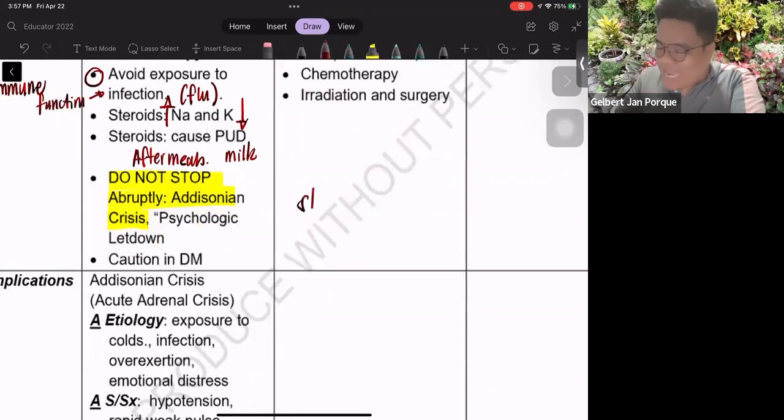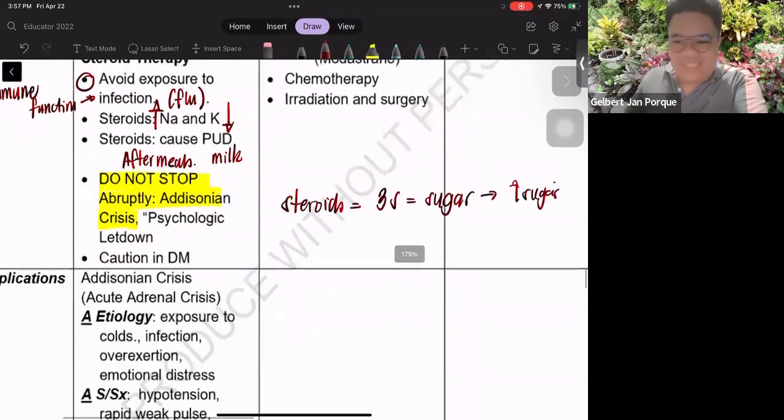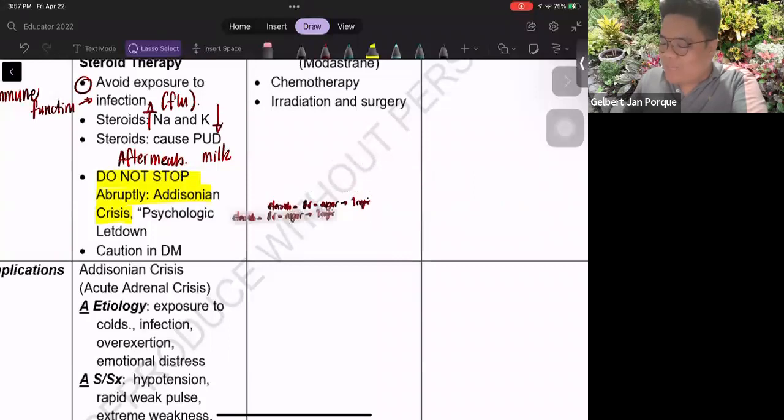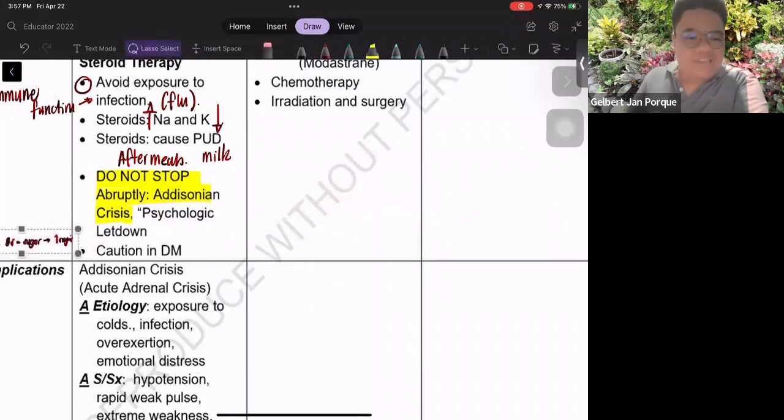Kaya remember, kung naghahatag kita steroids, ginapataas naton class ang sugar, di kung idugang ko na siya sa pasyente nga diabetes, I am exaggerating the signs and symptoms of diabetes. I'm not actually helping the patient, but I'm actually adding to the signs and symptoms of diabetes.